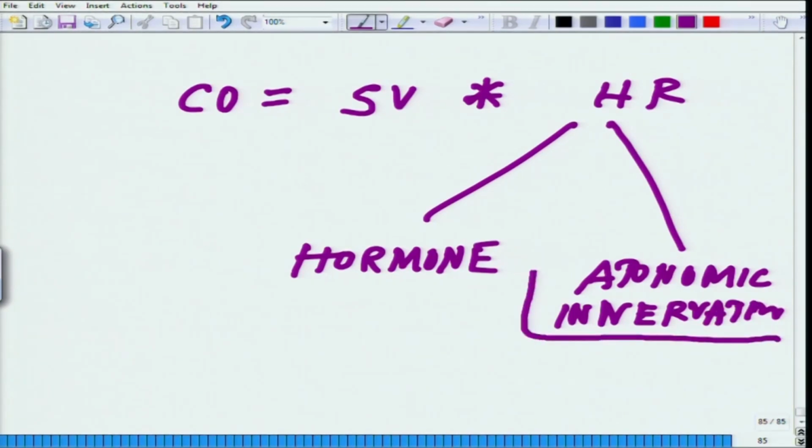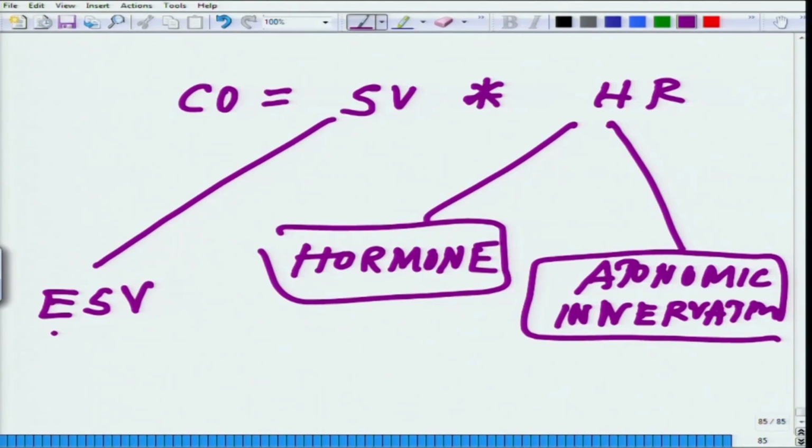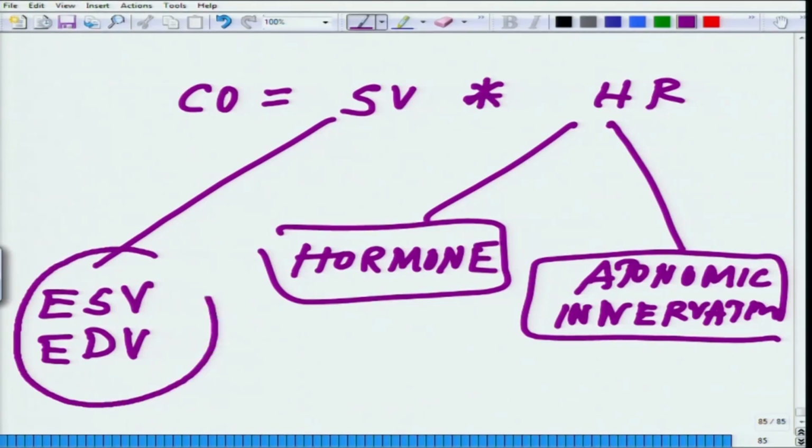This is very important for you to understand. And what dictates stroke volume? Stroke volume is dictated by end systolic volume and end diastolic volume.